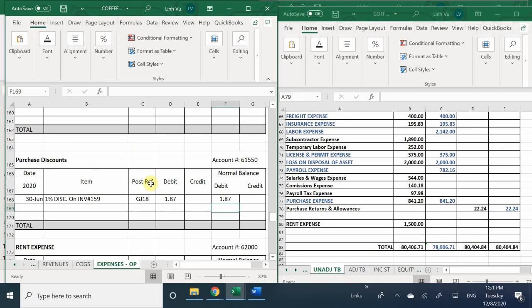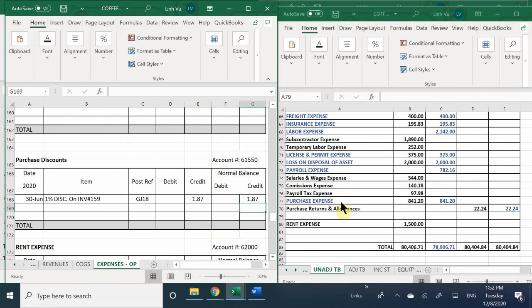This is actually, wait, purchase discounts is supposed to be a credit. Did you guys record it as a credit or a debit? Yeah, I have it as a credit. Okay, my bad. So I need to fix that. It's supposed to be a credit. Yeah, I have it as a credit too. All right. Perfect.